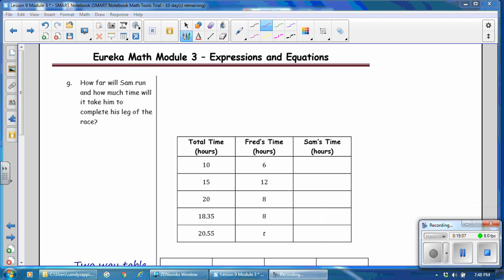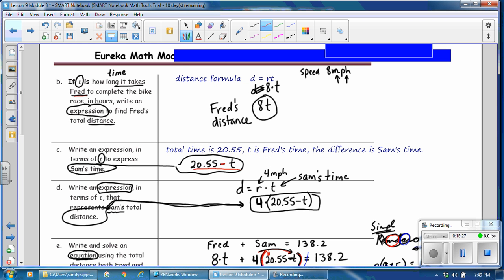How far will Sam run, and how much time will it take him to complete his leg of the race? So we know that the total time is 20.55 hours, and we know that Fred's time was 14 hours. So if you subtract, that's going to give you Sam's time. And we saw that on the previous page right here, that Sam's time is 20.55 minus t.